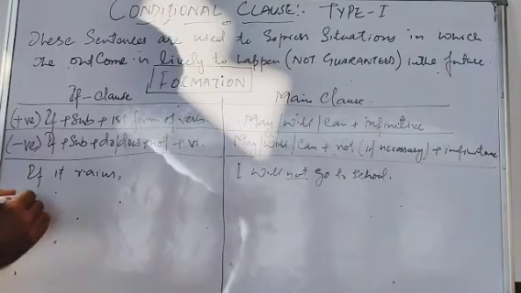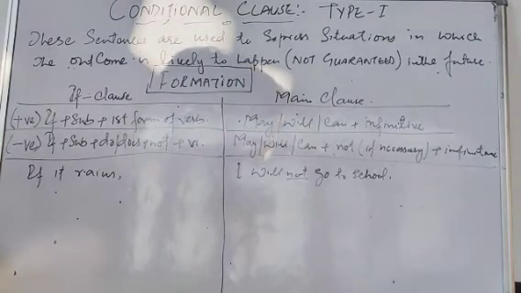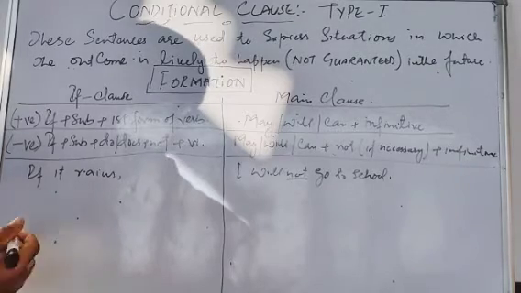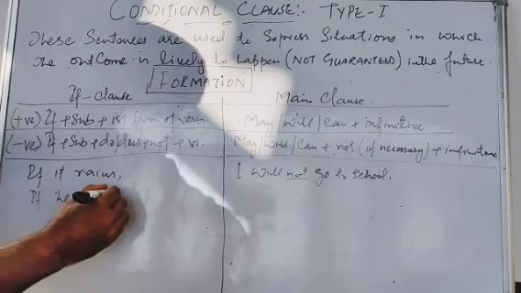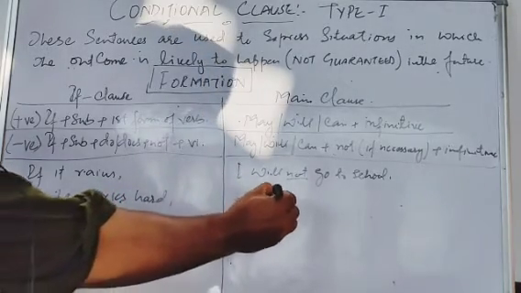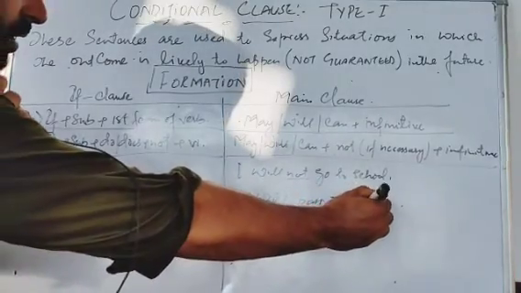In one more example I can write here, somebody has to appear in an examination. He has to prepare for that examination. We say, if he works hard, he will pass the exams.